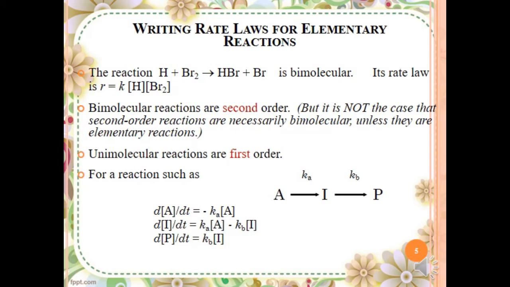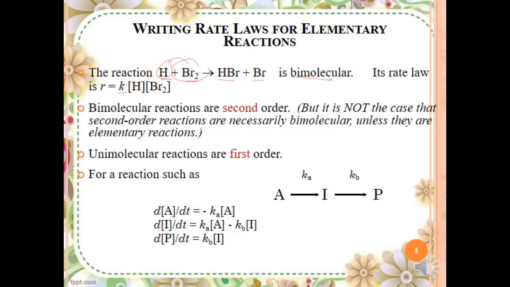Alright, how do we write the rate law for an elementary reaction? Let us look at one example here: the reaction between hydrogen and bromine to produce hydrogen bromide. This reaction is bimolecular because there are two different molecules. Therefore, to write the rate law: k [H2][Br2].